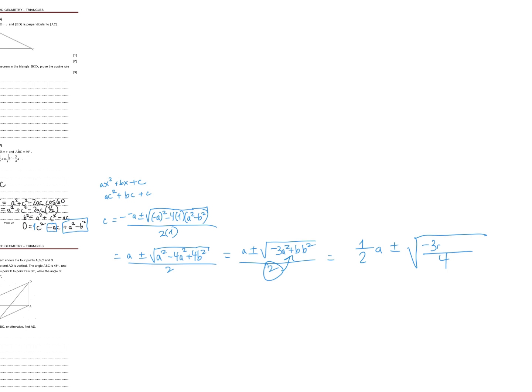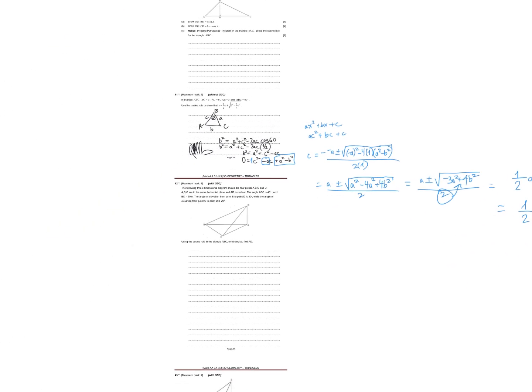There should be a 4 here. So 1/2 a, and then we have minus 3/4 a squared plus b squared when the 4's cancel. Okay, and then rewrite it backwards, but whatever.